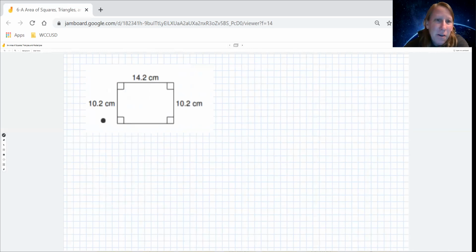Bonus. All right, we have too much information. We don't need that one. Okay, it's true that these are the same. It's true that these are the same. We didn't really get into perimeter at all, but for perimeter, I would add 10.2, 14.2, 10.2, and 14.2 for the perimeter. So let's just finish strong. The area of any rectangle is base times height.